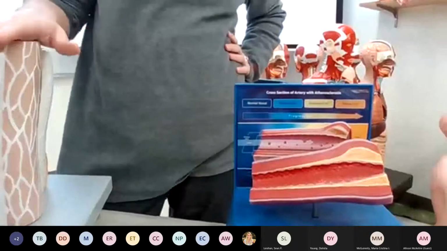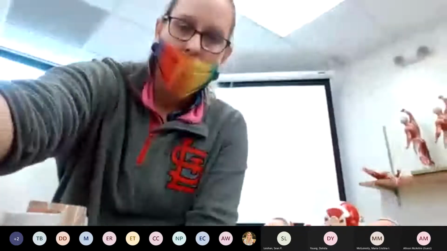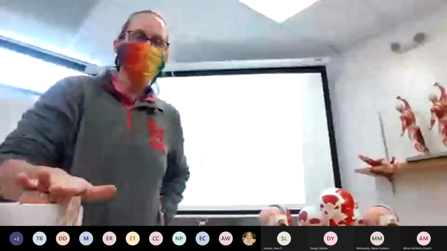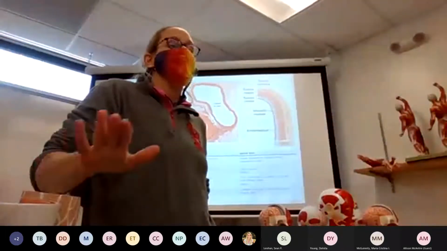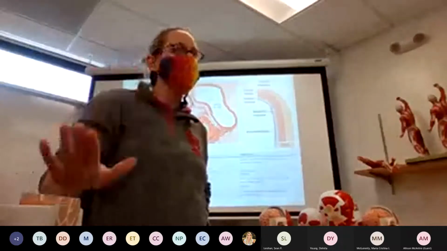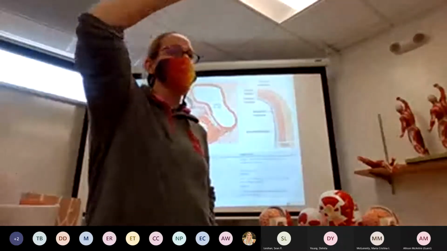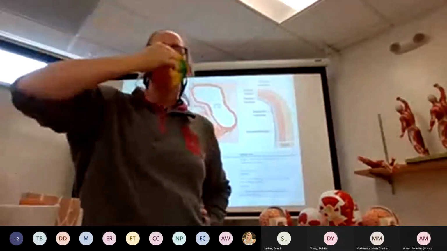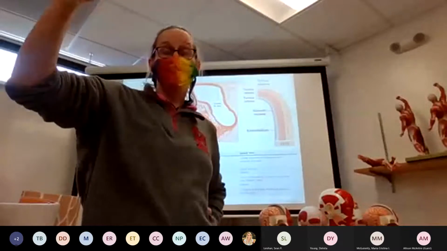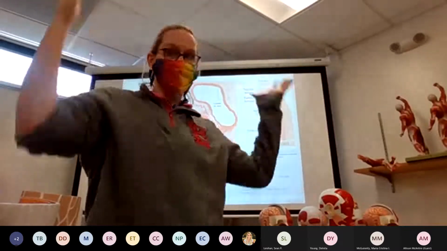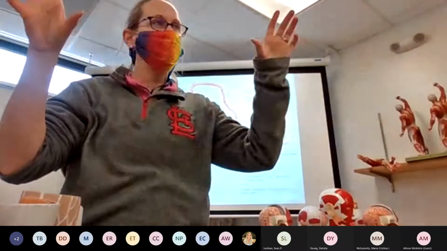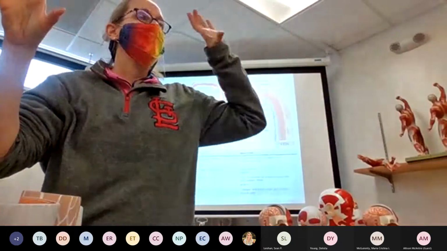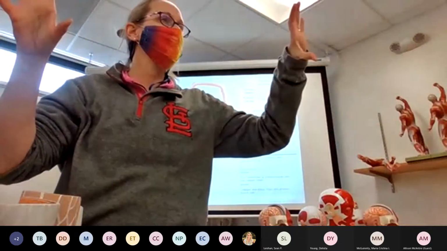Okay, and again, as we go through it, the major elastic arteries are going to have those internal and external elastic membranes. Veins do not have it. Veins, we're going to see again the smooth muscle cells randomly in their tunica externa layer. Right? As we go to muscular arteries and smaller veins, on the vein side, the tunica media goes away.